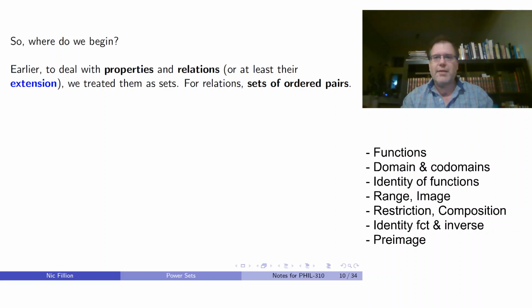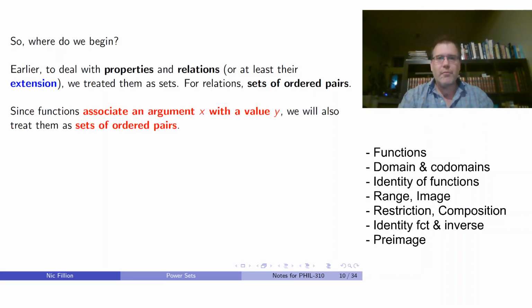The Cartesian product allowed us to talk about that in a very rigorous and sharp way. And now we're going to try to do the same thing with functions. Now, functions, as we saw, associate an argument with a value, an input with an output. That's really a relation, right? So functions are going to be treated as sets of ordered pairs as well.